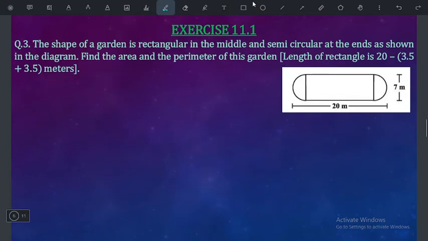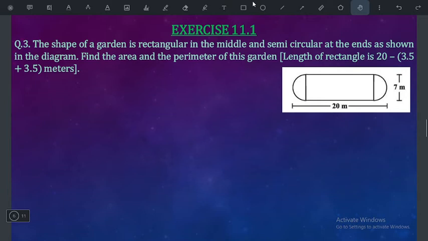Now, third question: the shape of the garden is rectangular in the middle and semicircular at the end as shown in the diagram. Find the area and perimeter of this garden.